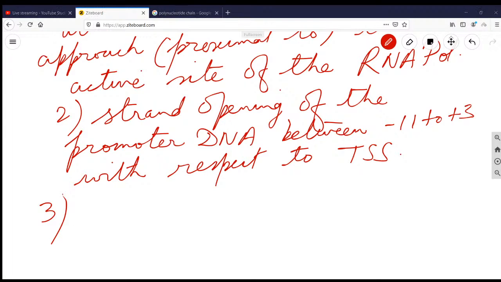Okay. Point number 3 is scrunching of the promoter DNA into the active channel, means it will be bent and put the promoter DNA after the 90-degree angle bend also. Okay, it will come close.